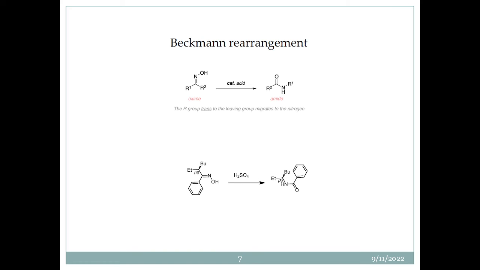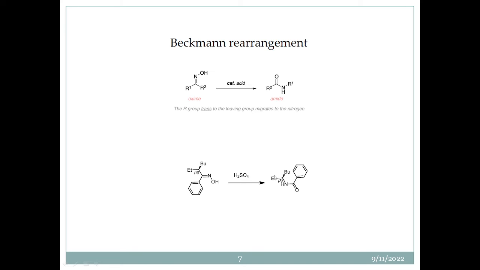So for example, you see this reaction. In this reaction, the anti group, or trans to the OH leaving group, is this part, which has the chiral center attached. Now you see it has undergone migration from this center to this nitrogen. That's why this NH group is attached to the chiral center and the CO Ph. Now this Beckmann rearrangement shows that this chiral center has retention of configuration.